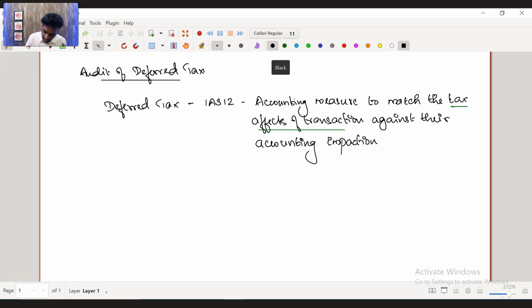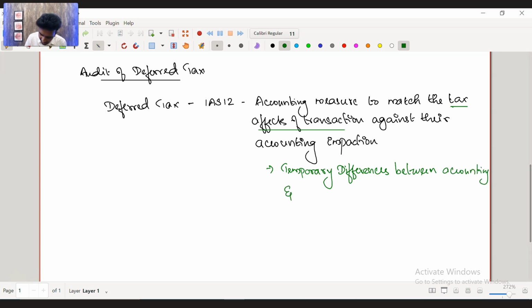So deferred tax is an accounting adjustment created only for those temporary differences, those transactions that create temporary differences between accounting and tax. Temporary difference means over a period of time the difference will go away. That is called a temporary difference.